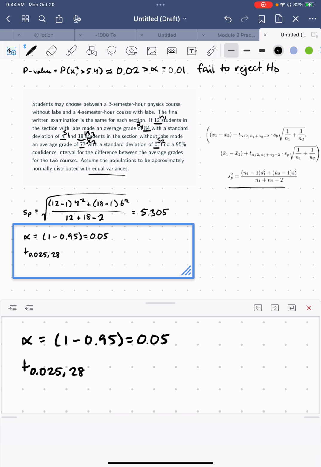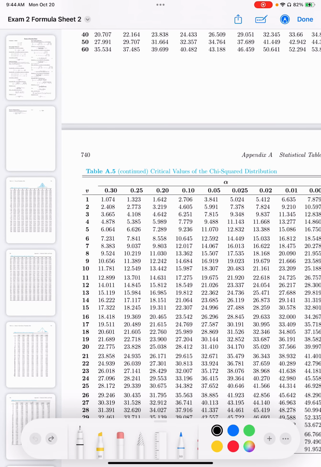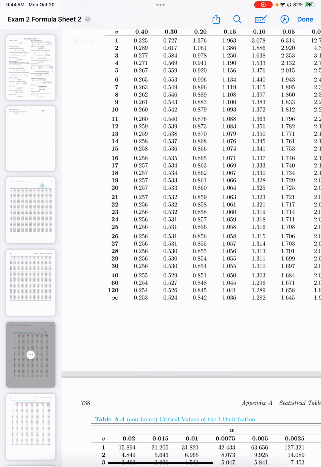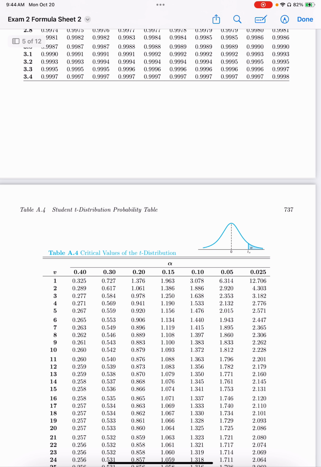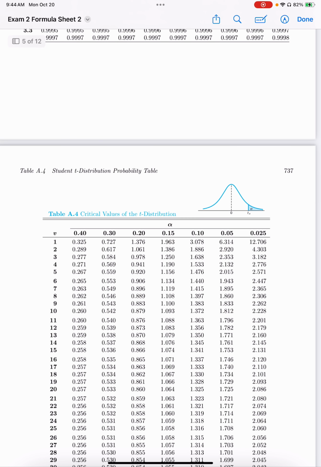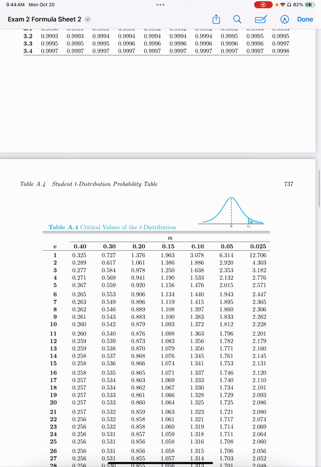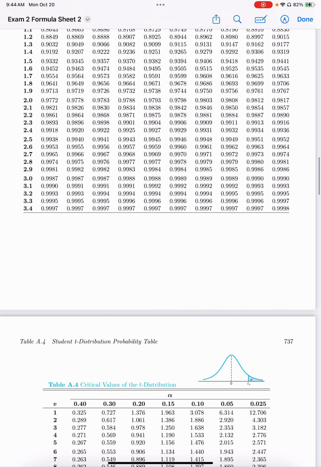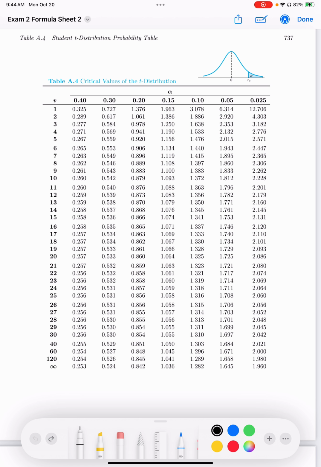And now we can pull it up on our t-table. So we have our t-table here, and we want to look for 0.025 with our degrees of freedom, which is 28.